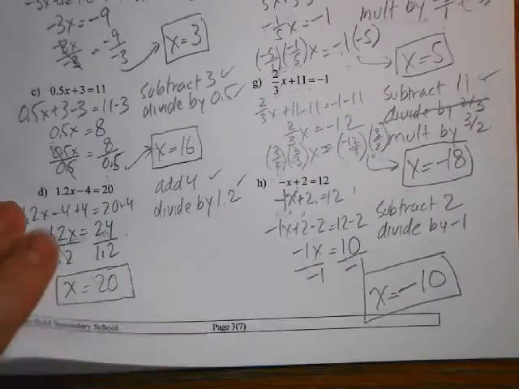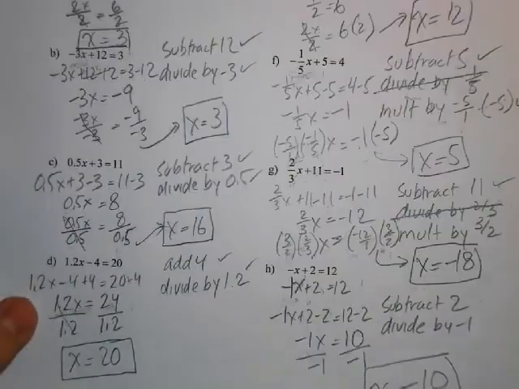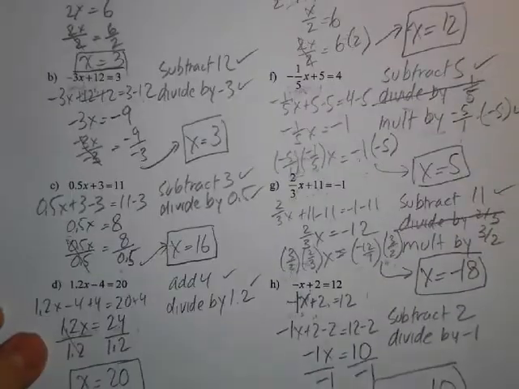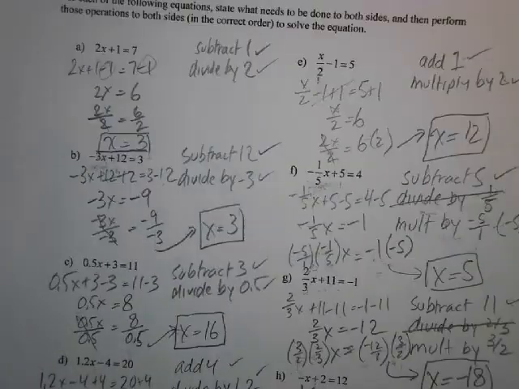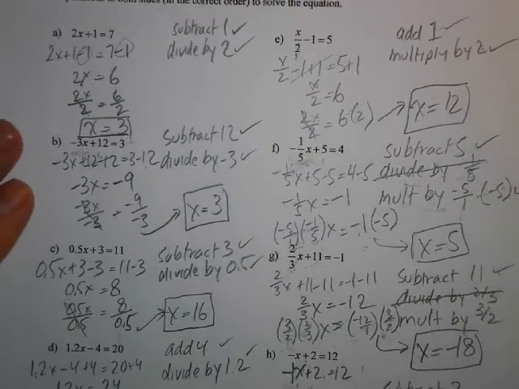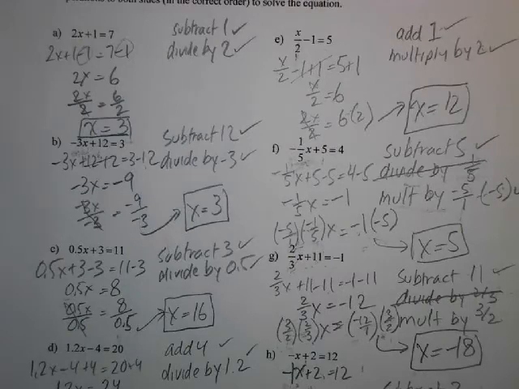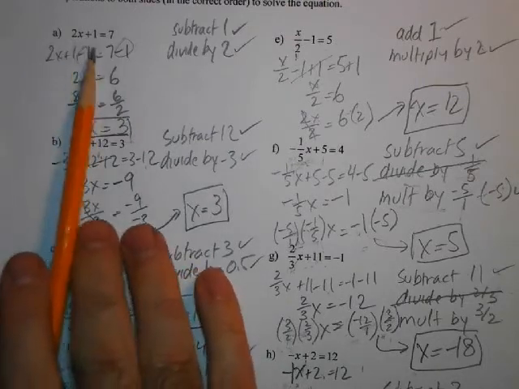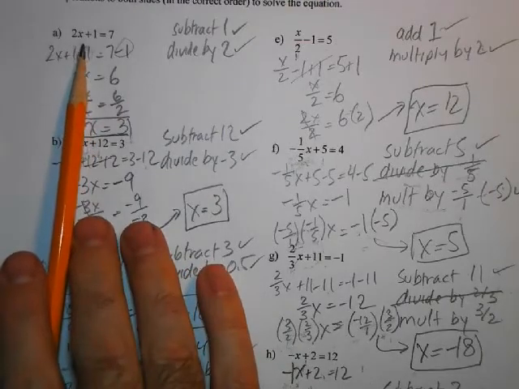Hopefully that's lots of practice at two-step equations. The big difference, obviously, is that it's got 2 steps instead of 1 compared to the one-step equations. But the other really important thing is the order that you do those 2 steps. The order will be the opposite of the order that things were being done to x in the equation.